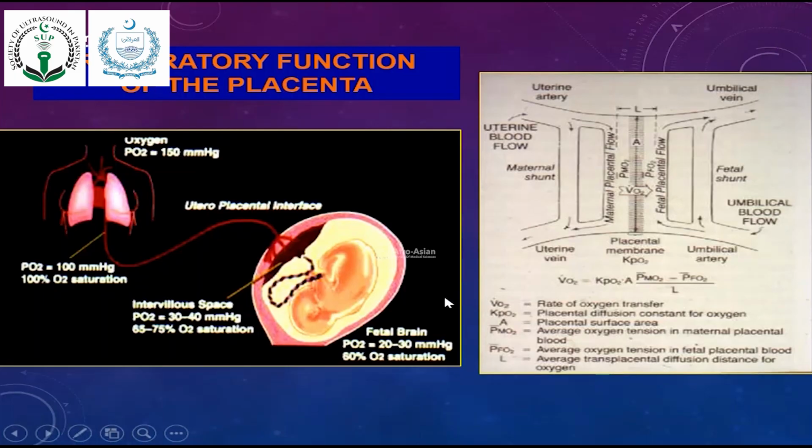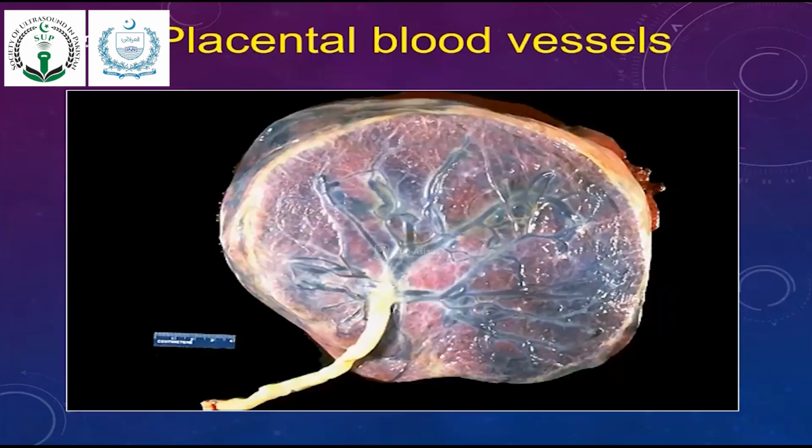Then in the fetal brain, 20 to 30 mmHg, which is about 80% oxygen saturation. These are all blood vessels of the placenta.